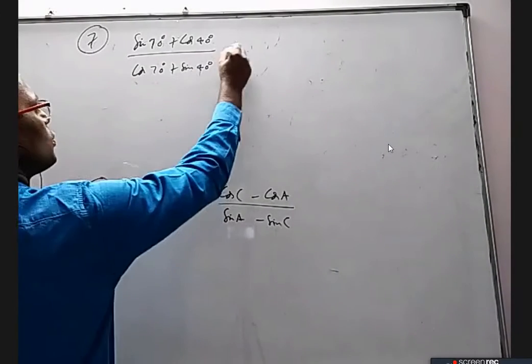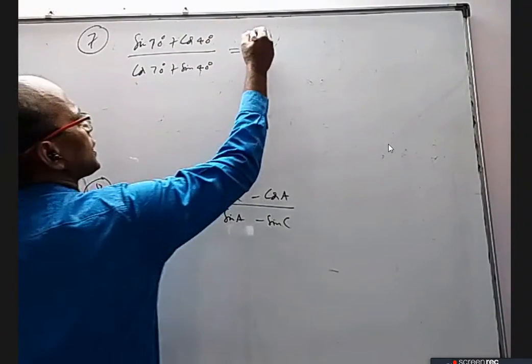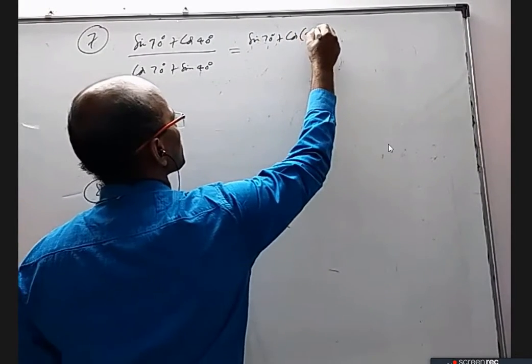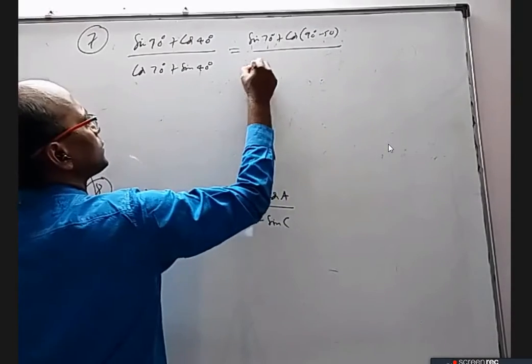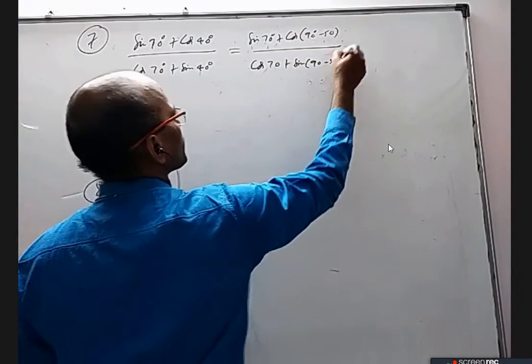Okay, so one is sin, one is cos. I cannot apply transformation. So let us choose to write cos into sin. Sin 70 plus cos 40 is sin 70 plus sin (90 minus 50). Similarly, the denominator is cos 70 plus sin (90 minus 50).